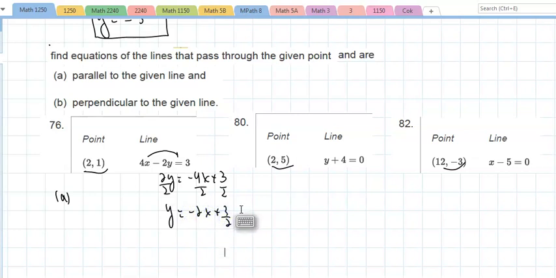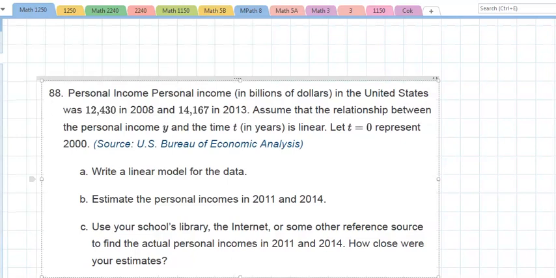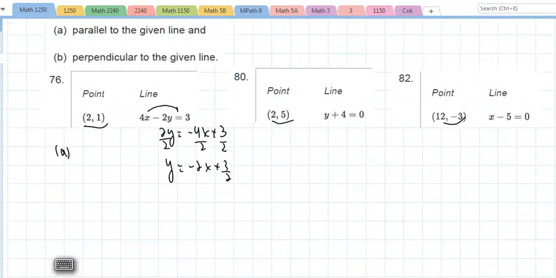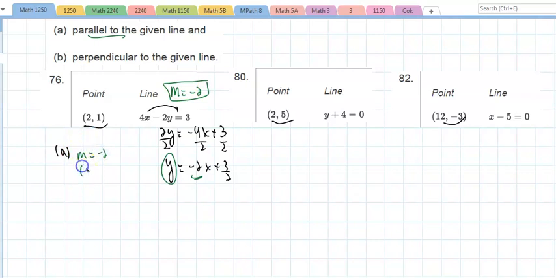So as far as this problem is concerned, the slope of this line is negative 2. I must have a y by itself on one side, there's the slope. So in part A, I want it parallel. What do I know? The slope is equal and the point is (2, 1).